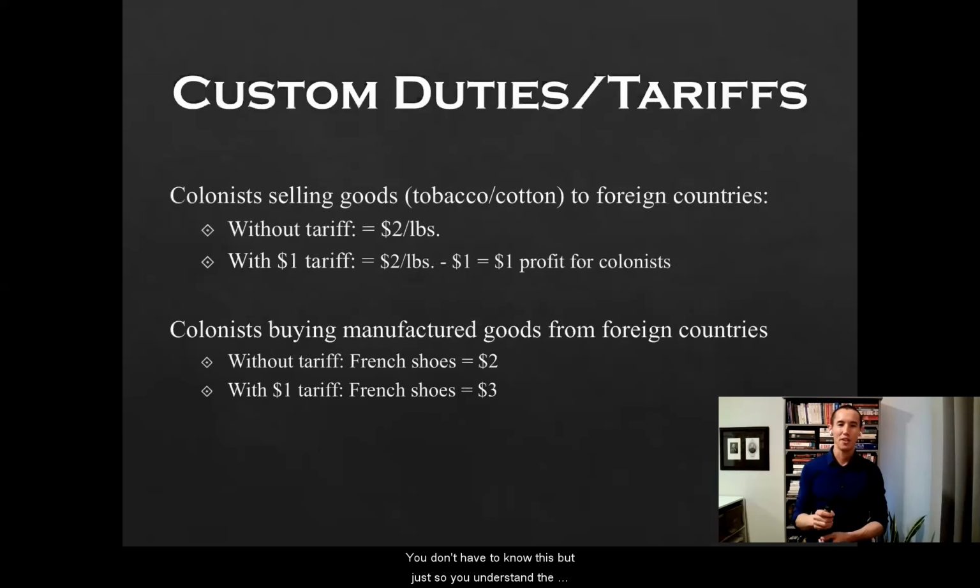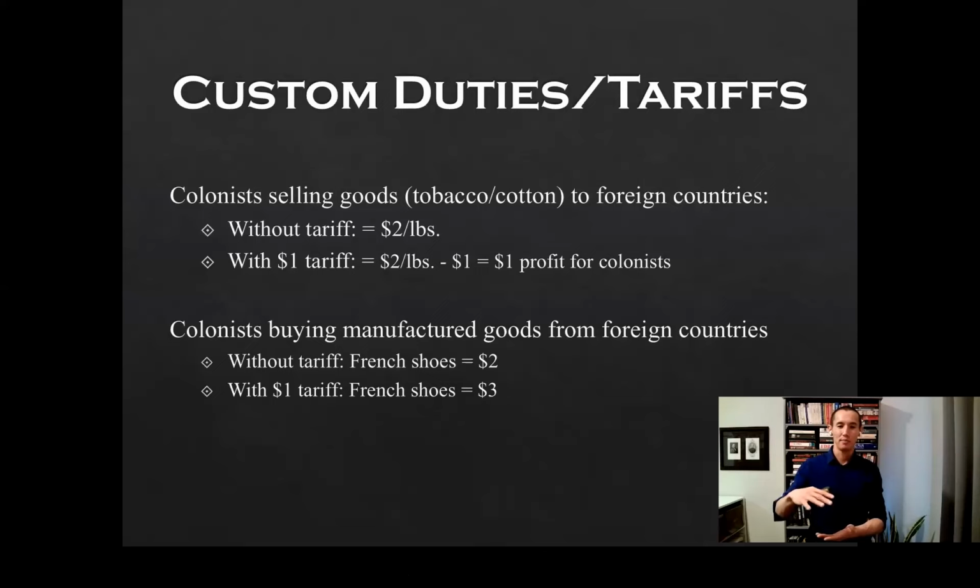You don't have to know this, but just so you understand a difference between tariffs and taxes: if you're going to raise money with a tax, you raise the taxes. You raise how much is going to be taxed. For tariffs, if you want to earn money for the government, for revenue purposes, they actually work counterintuitively.